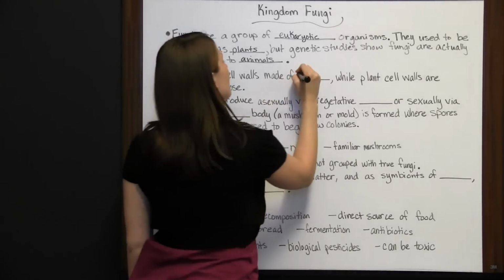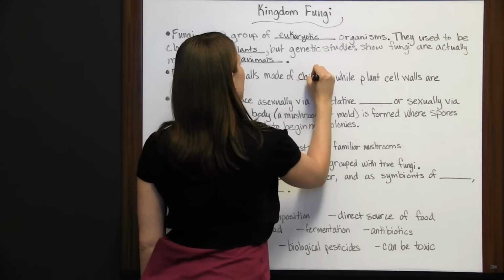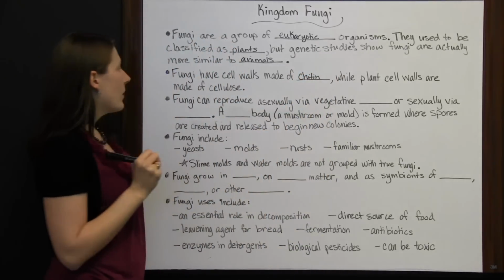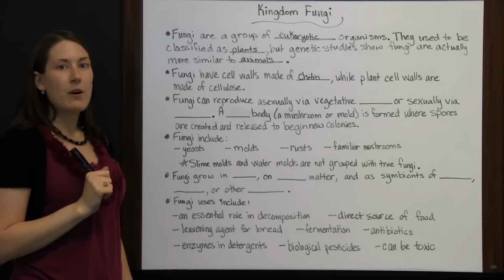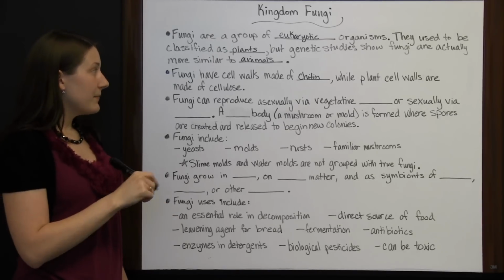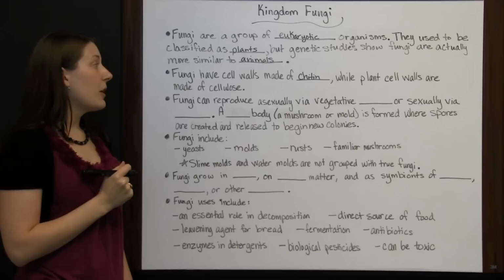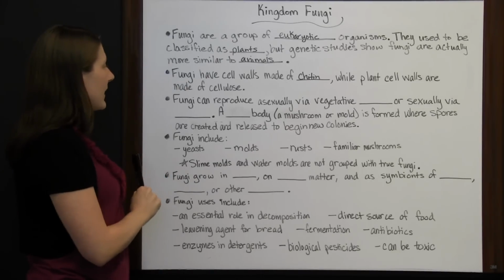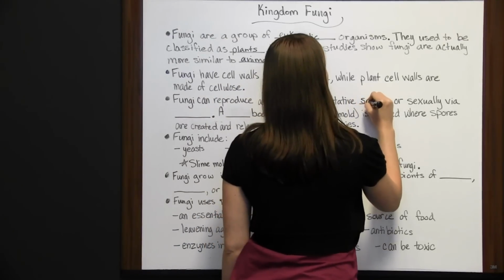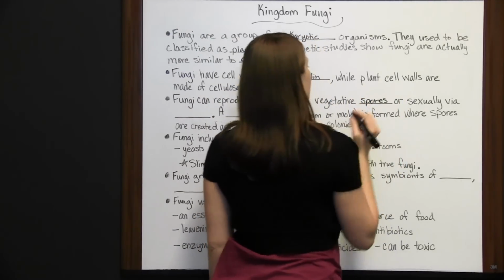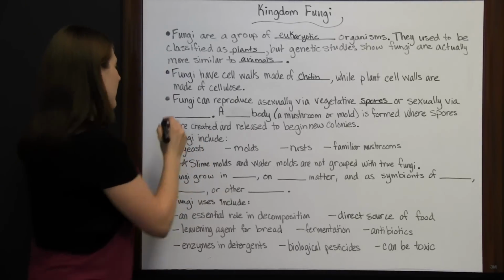But fungi have cell walls made of chitin, while plant cell walls are made of cellulose. So one of the differences that set fungi apart from plants is that their cell wall was composed of something completely different. Fungi can reproduce asexually via vegetative spores, or they can reproduce sexually via meiosis.